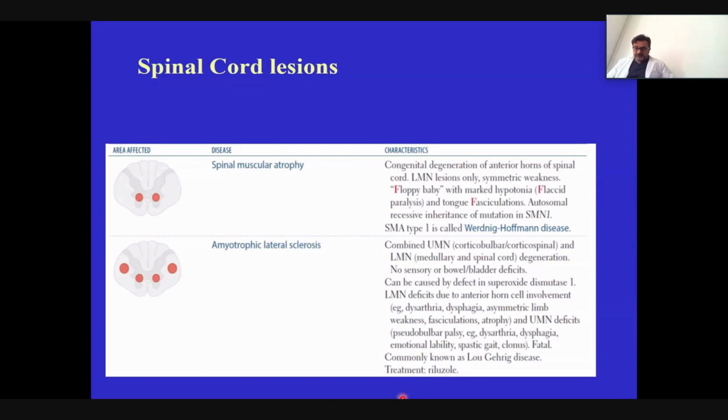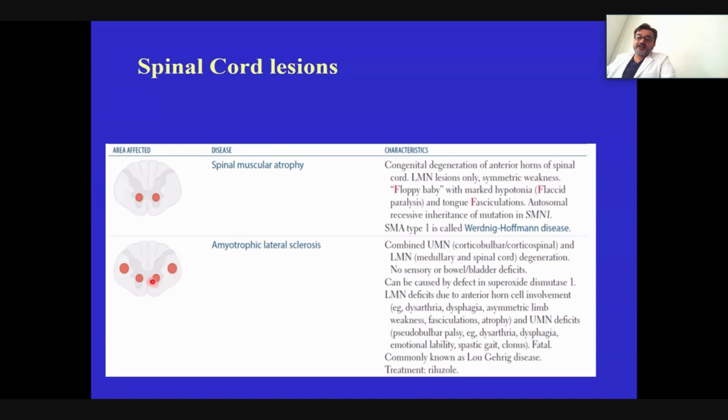Amyotrophic lateral sclerosis is an example of a mixed motor problem. It does not have any sensory component. What you are seeing is degeneration in the anterior gray horn cells and also degeneration of the corticospinal pathway.